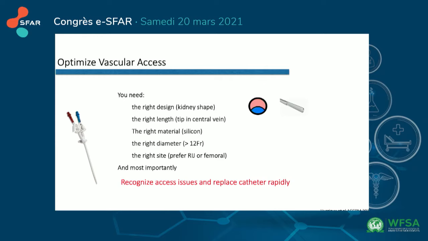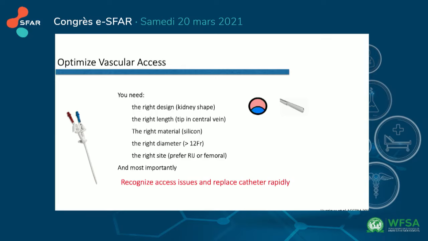The right lumen, the right tip, the shotgun tip as shown on the picture, the right length, and here you really have to ascertain that the tip of the catheter is positioned in a large central vein with sufficient flow around the tip of the catheter.